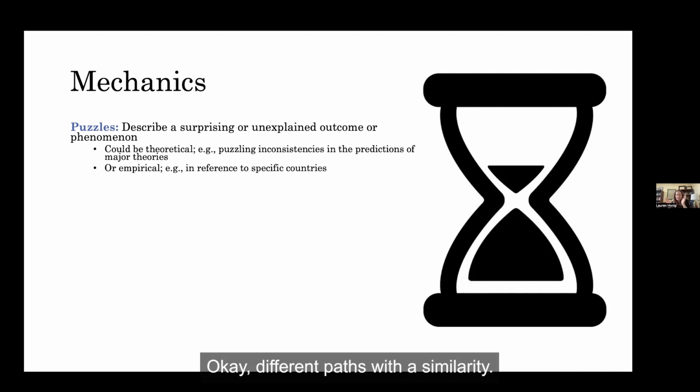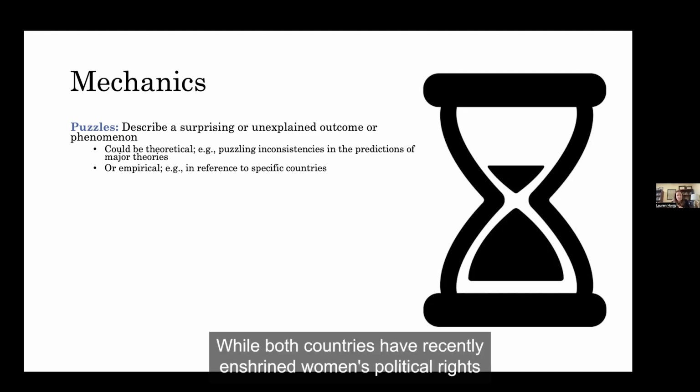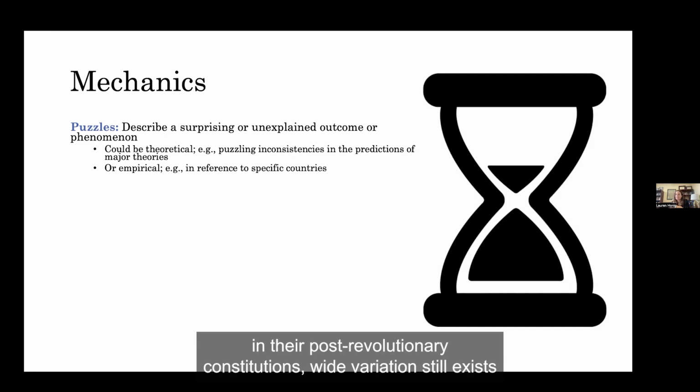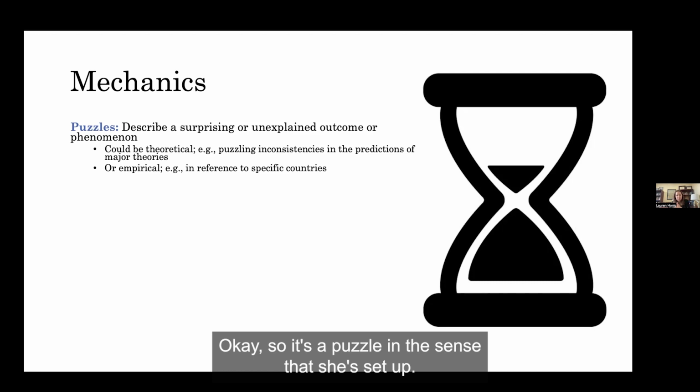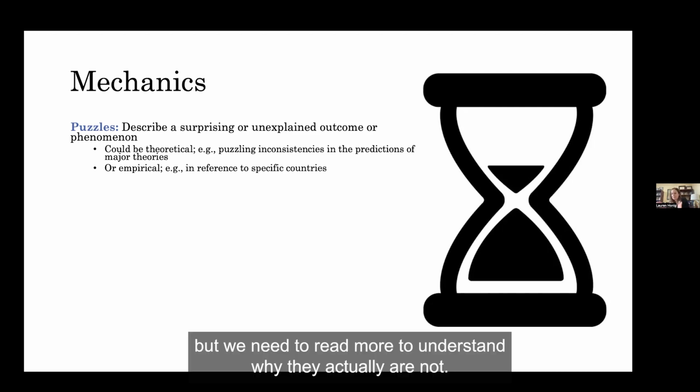Different paths. We have a similarity, and then they're taking different paths. While both countries have recently enshrined women's political rights in their post-revolutionary constitutions, wide variations still exist regarding women's substantive gains in the electoral arena. Okay, so it's a puzzle in the sense that her setup creates expectations that these things would be similar, but we need to read more to understand why they actually are not.